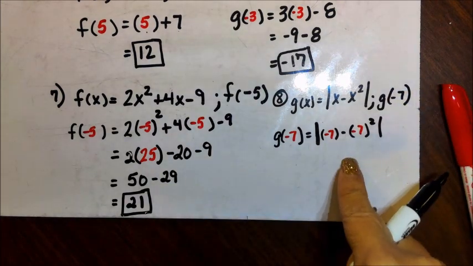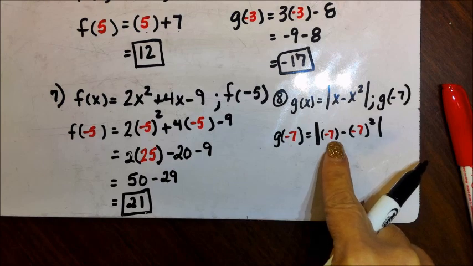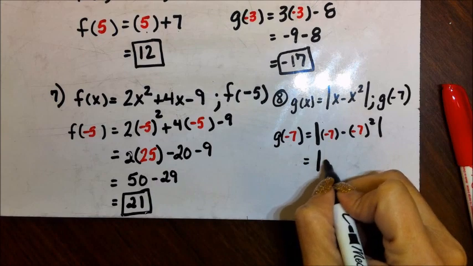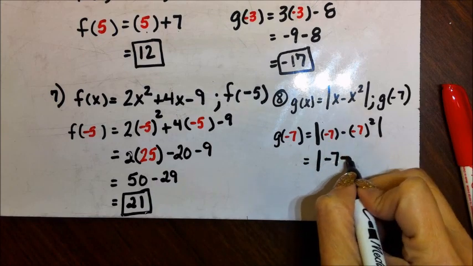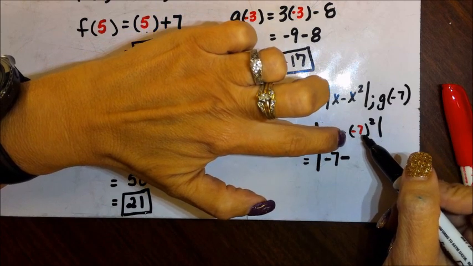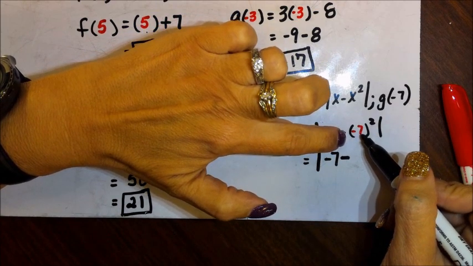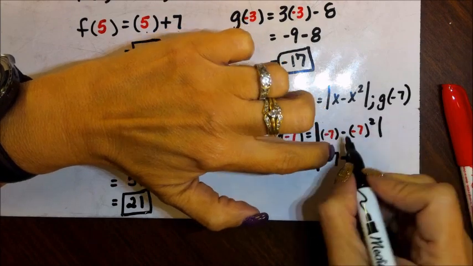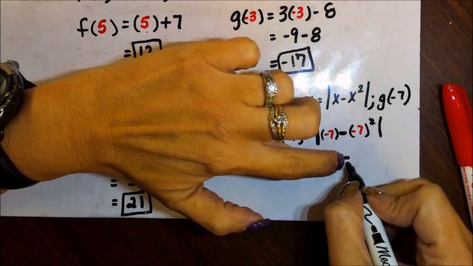That right there is probably the hardest part. Just plug it in. So this says the absolute value of negative 7 minus, now this right here is kind of like the one before. What is negative 7 times negative 7? Right, it's positive 49. Remember, you have that negative here. Bring this one down.